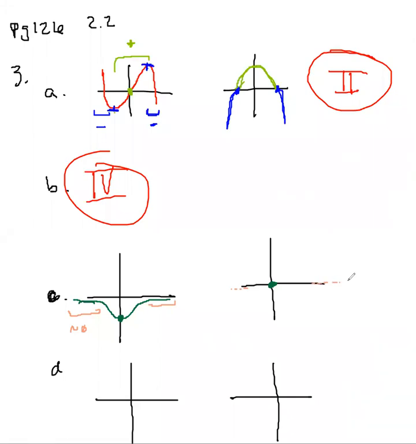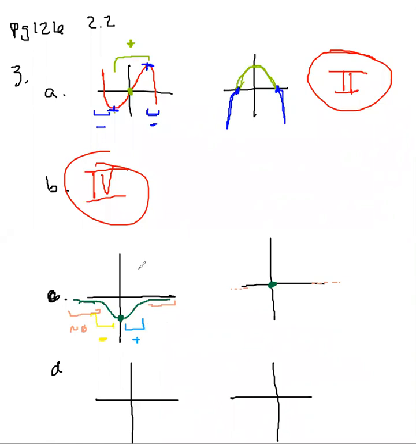And then we have an area where our derivative is going to be negative. So our derivative is under right here, right? So it's going to be negative. And then here it's going to be positive.